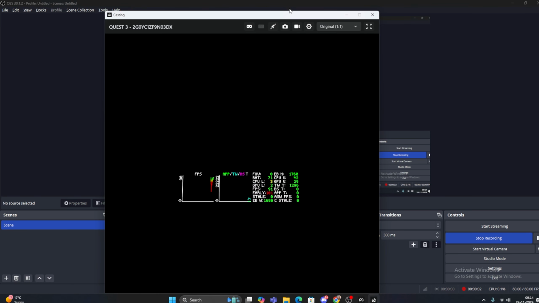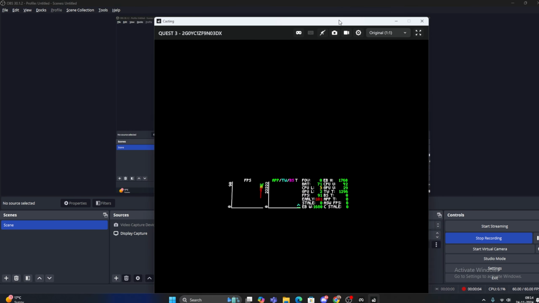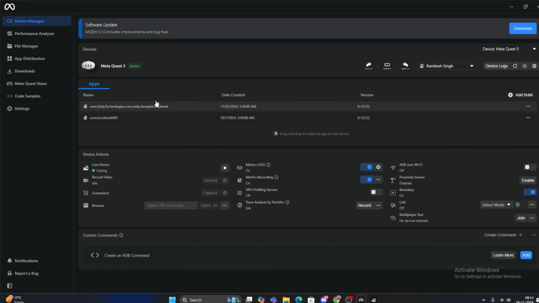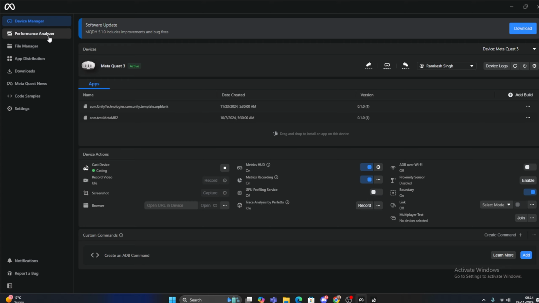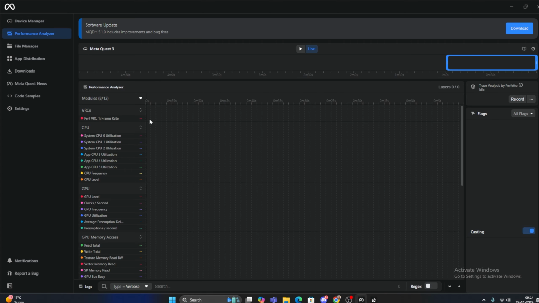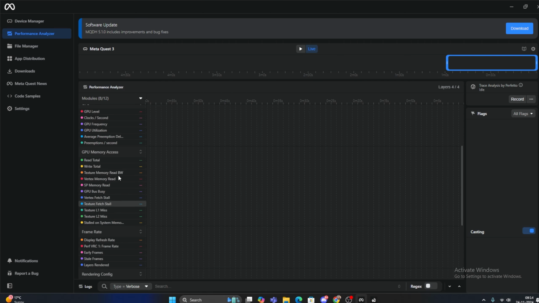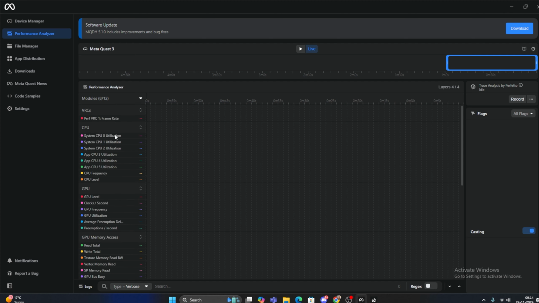I've just opened my MetaQuest 3 device, and here I have opened the MetaQuest Developer Hub. I'm sharing my screen, and there is also the Performance Analyzer. If you want to see lots of data, you can analyze it here, but you can also install your OVR application in your device and see it directly there.